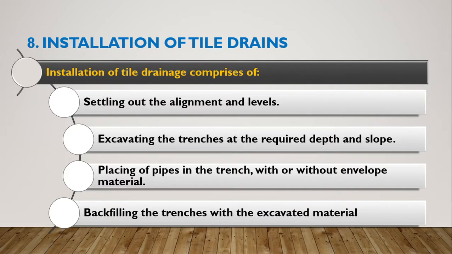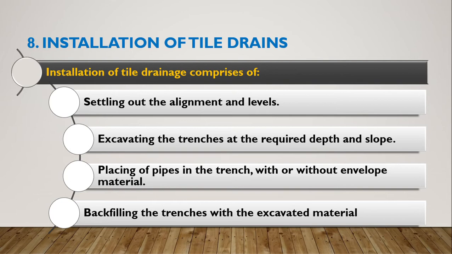The installation of the tile drain mainly comprises setting out the alignment and levels. First we set out the alignment, in which direction we have to provide the tile drainage system in our particular area; we have to make an idea of that. After that, excavating the trenches. In that area we have to excavate the trenches. After that we have to place the pipes.